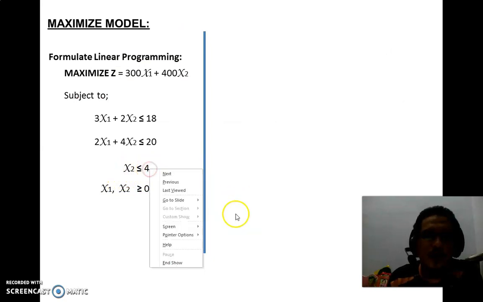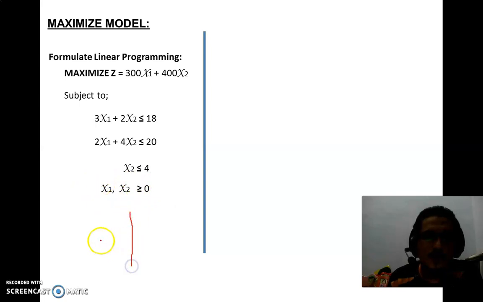And the last one is that x1 and x2 must be more than or equal to 0. Why do I put it here? Because we are only doing the analysis in the first quadrant, where this is x1 and this is x2.